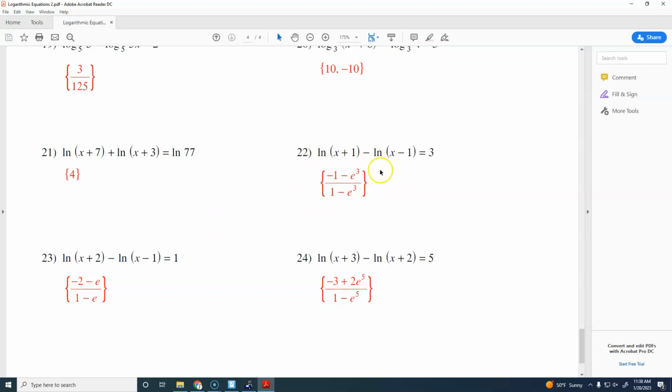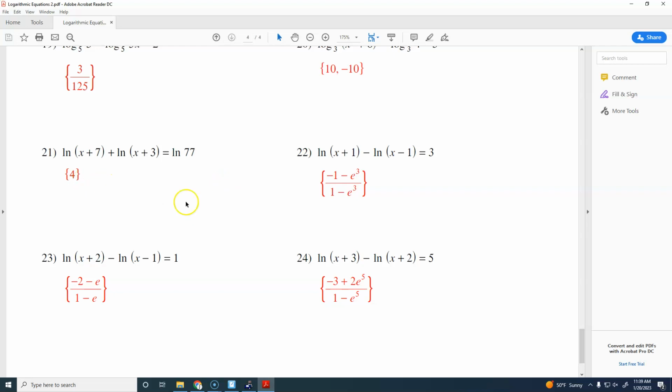So you will not enter your answer like what you see here on number 22. But your answer key is like this, and it's good for you to know how to do it this way. So we're going to look at both ways to do it. But on the quiz on Monday, everything's going to be answered in decimal form.